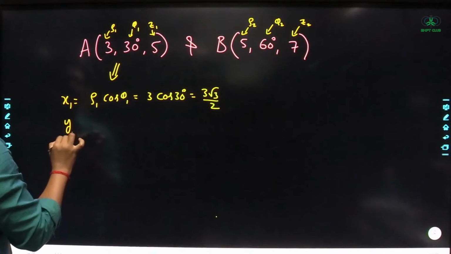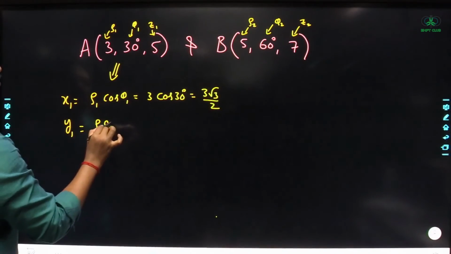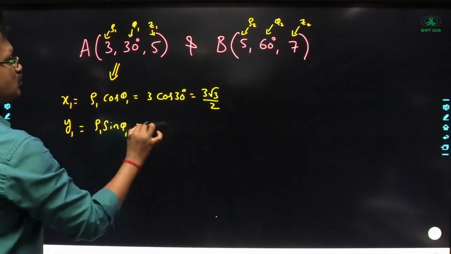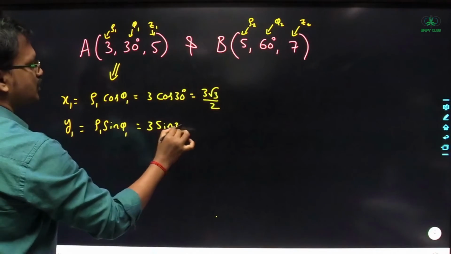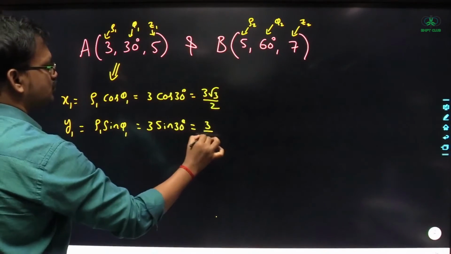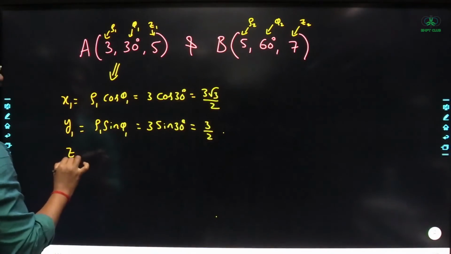Next y1 is equal to rho 1 sin phi 1, which is 3 into sin 30 degrees, which is equal to 3 by 2.